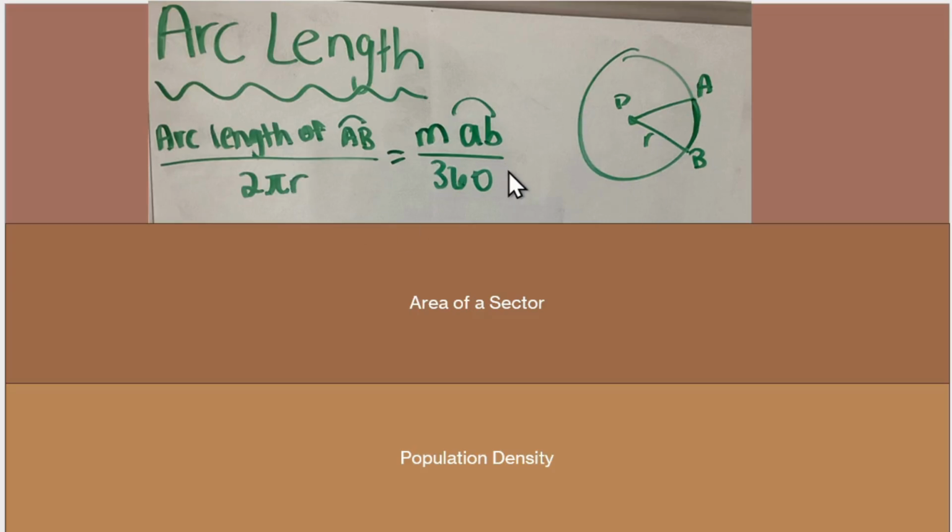And so basically, this is a proportion. This out of this is equal to how much out of this. That is basically what it's saying, because 2 pi r is equal to 360 degrees. That is all this is saying.